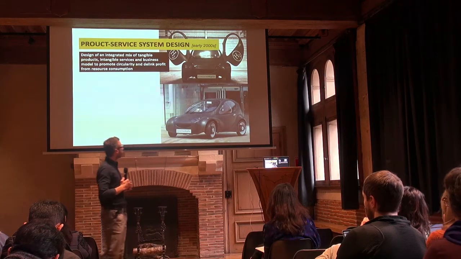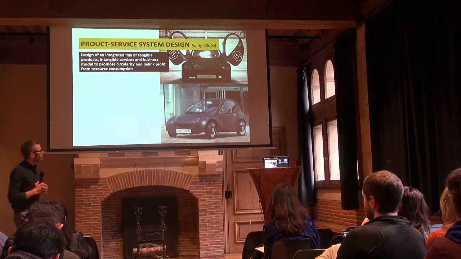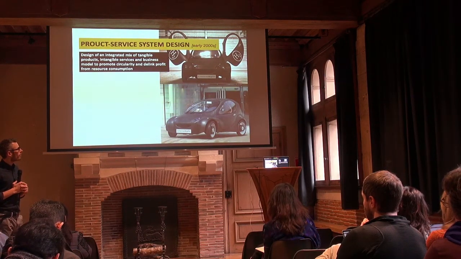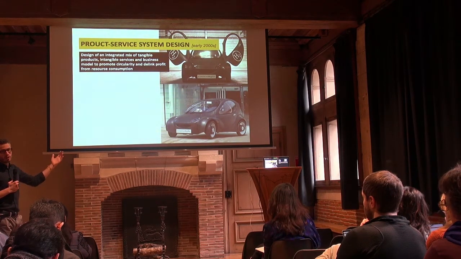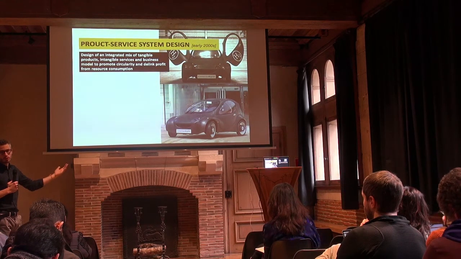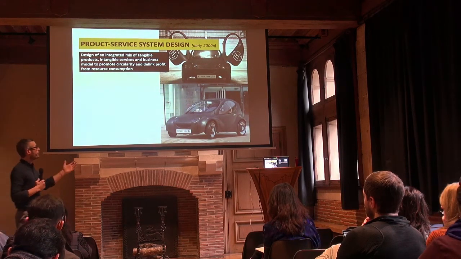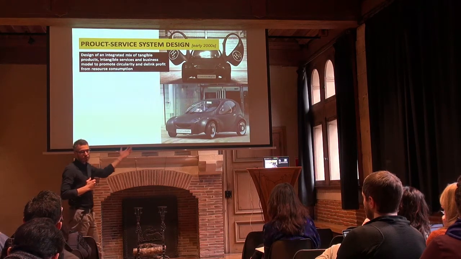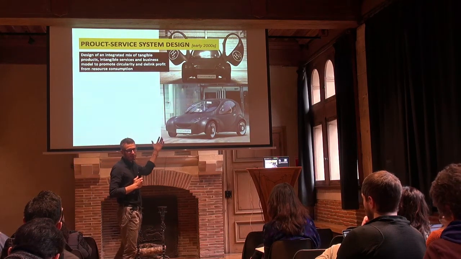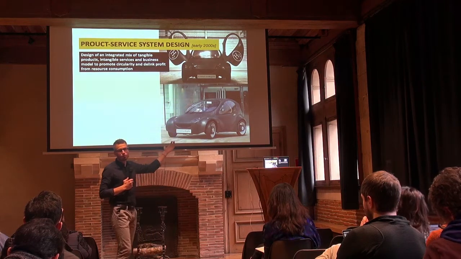We can see here an example of that. Riversimple, this is a British car manufacturer, electric car, but they are not planning to sell this car. This is going to be provided through a per-month agreement, fixed fee, which includes everything essentially. The use of the car, maintenance, repair, and also the energy consumed by the car.